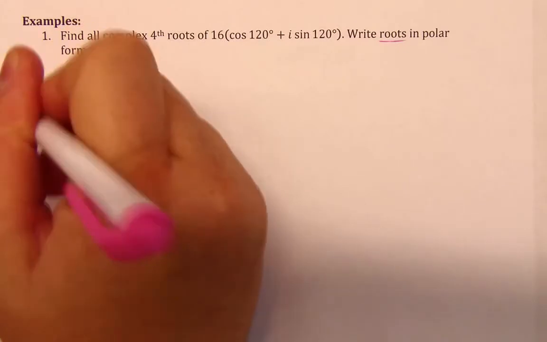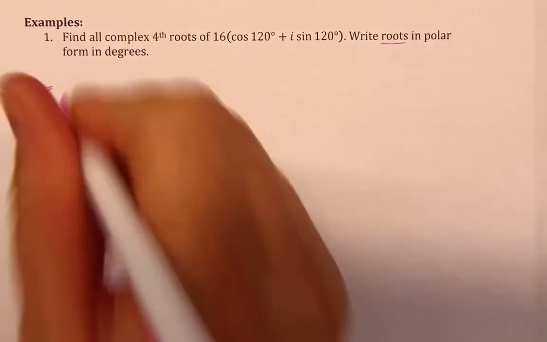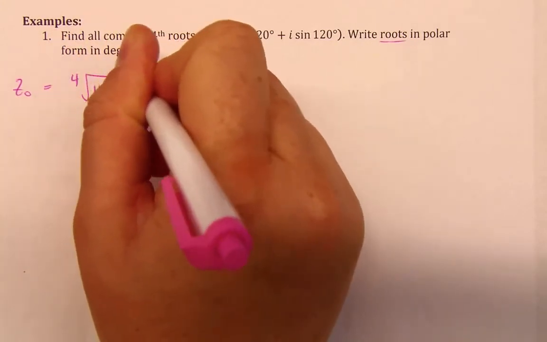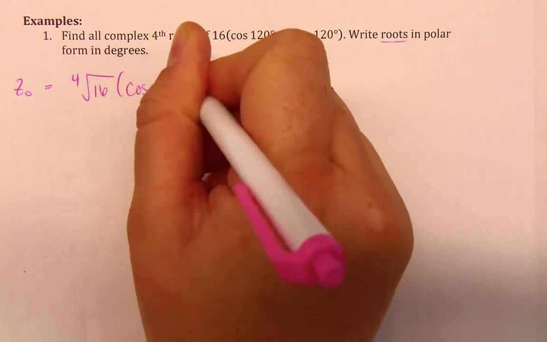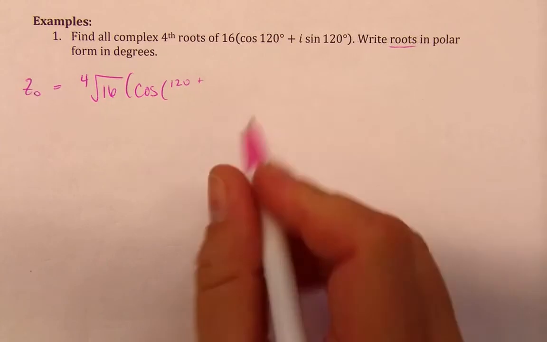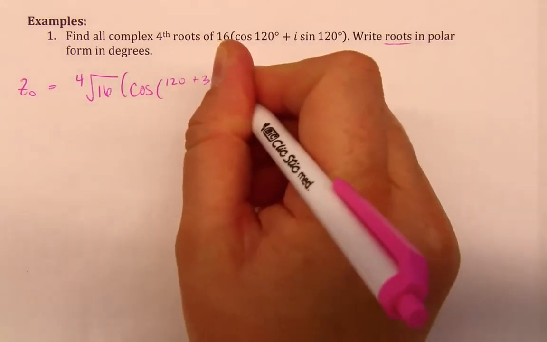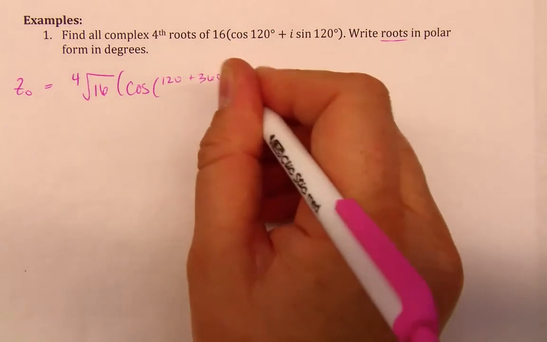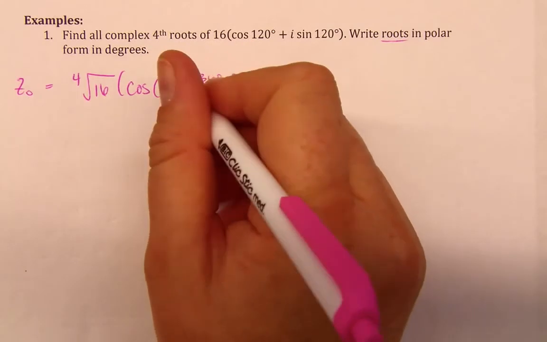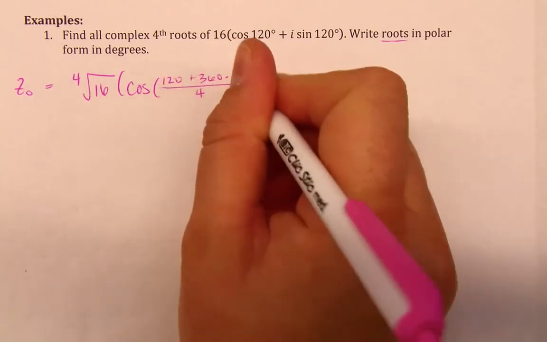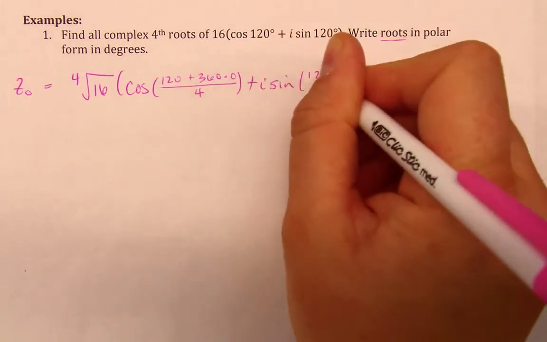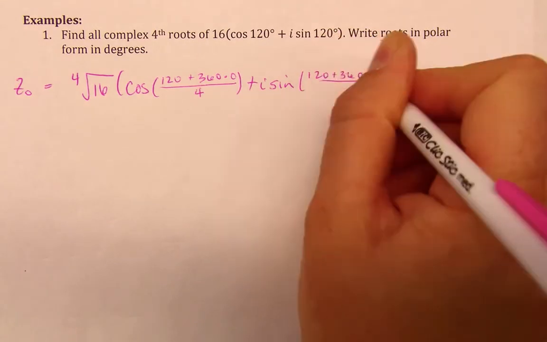So I have z of 0, which will be my first one, and that's the 4th root of 16, cosine of 120 plus, and instead of 2 pi times k, we'll use 360 since we're working in degrees. And this is 360 times 0. That's our first root. We're plugging in 0 for k. And divided by the root 4, plus I sine 120 plus 360 times 0 over 4.